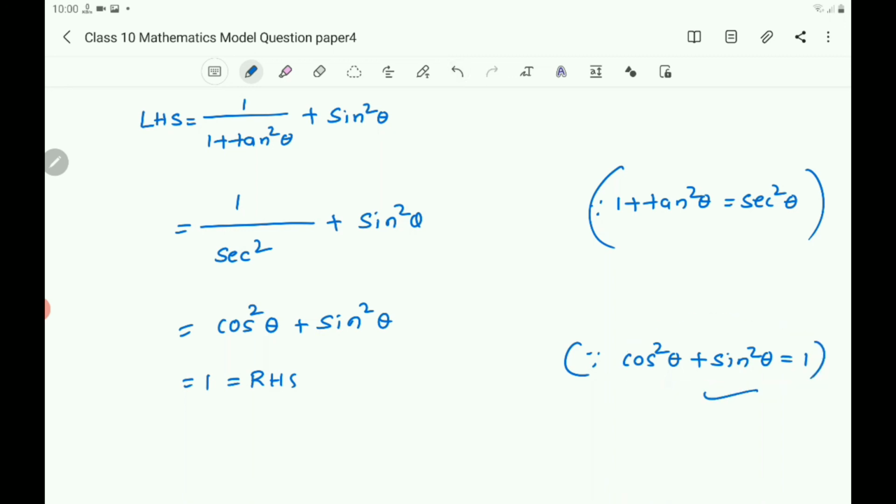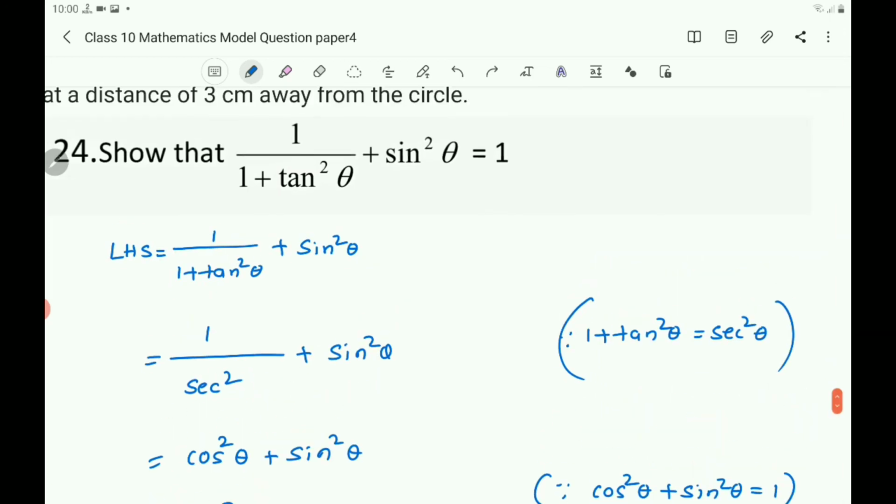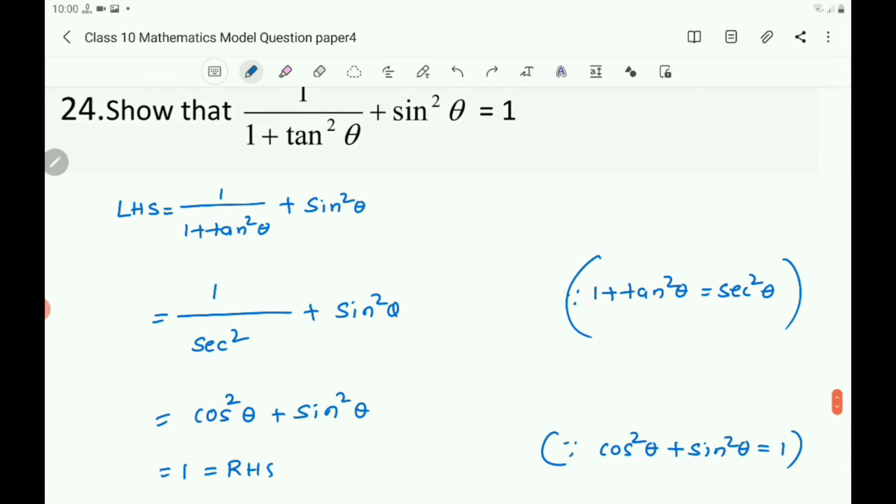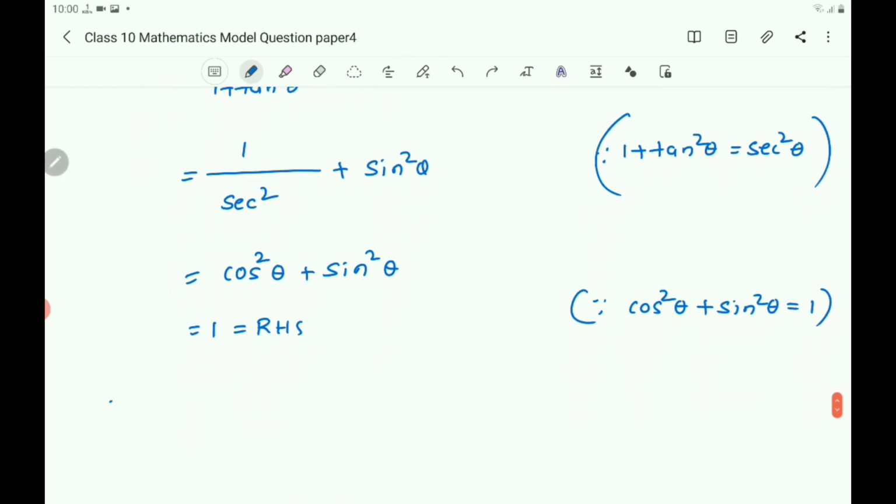If you know this, then you can write the answer, that is equal to 1. And also you must know that 1 plus tan square theta equals secant square theta, and 1 by secant square theta equals cos square theta. You must keep this in your mind, then only you can apply this and prove this. So you write therefore 1 by 1 plus tan square theta plus sine square theta equals 1.